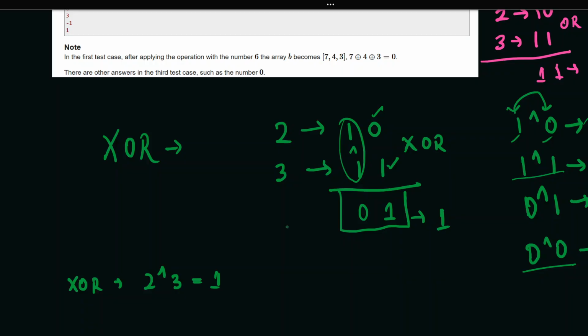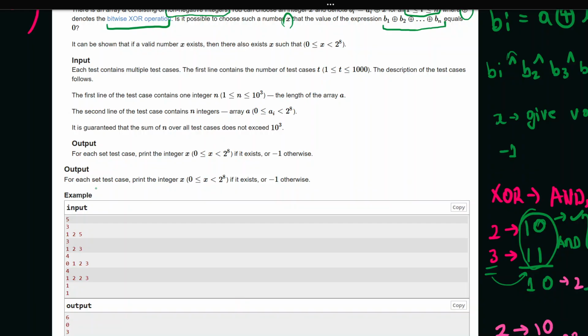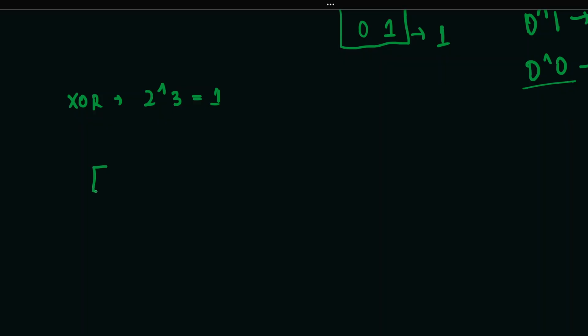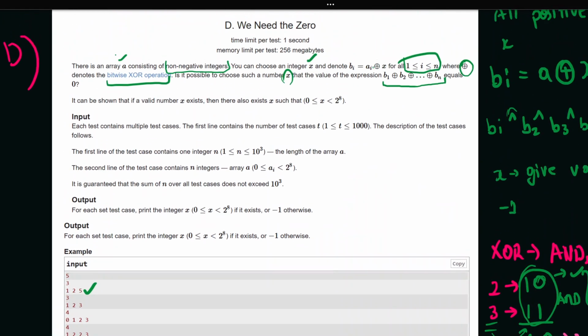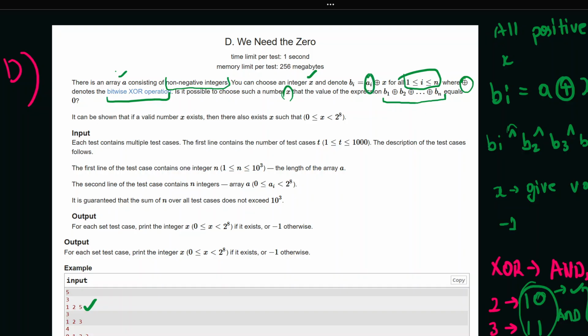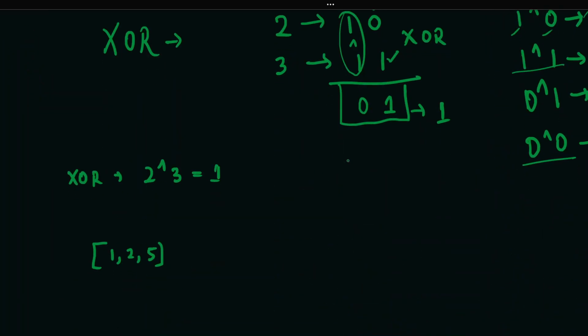Now they're asking that they have given us an array, say 1, 2, 5. That's an array. Now they are saying that for each element in the array, this is A1, comma A2, comma A3.